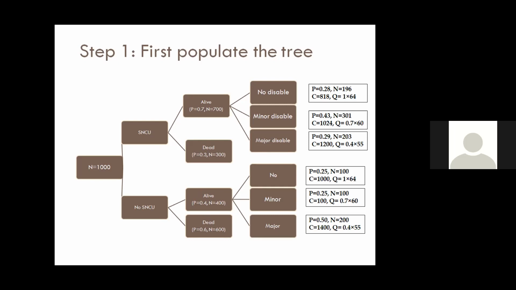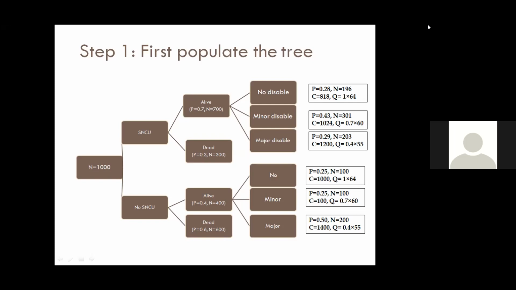Now, about the right hand side, you will see that from no disability, minor disabilities, we have the probabilities, and in a similar way we calculated N, and then cost and QALY. How do we calculate cost? First, how do we calculate N? Very simple. 28% of the 700 is 196.